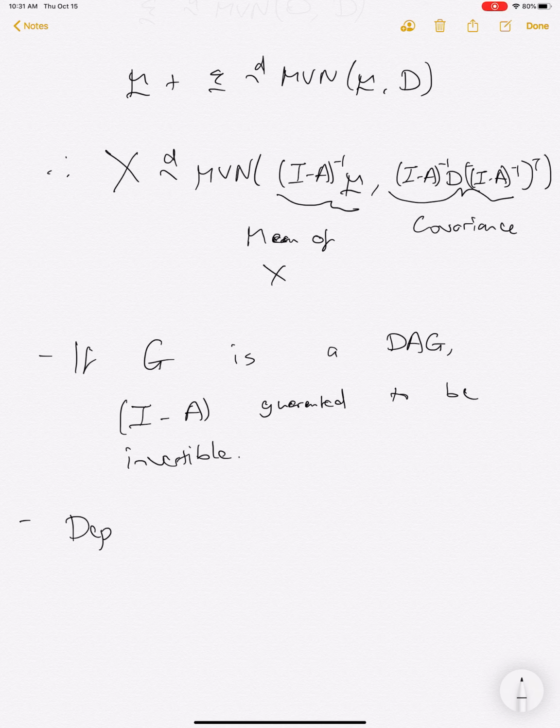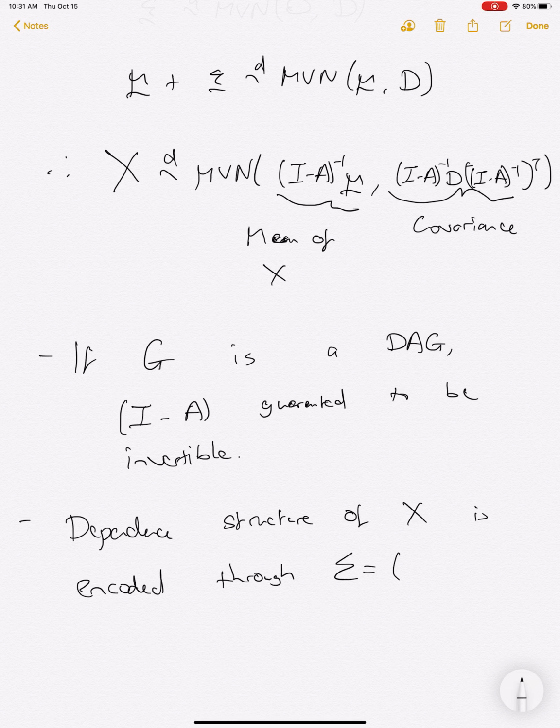So the dependence structure of x is encoded through sigma, which equals (I minus A) inverse D (I minus A) inverse transpose.